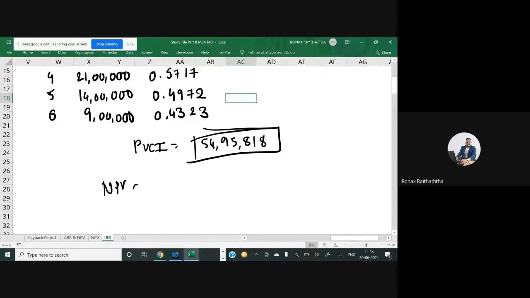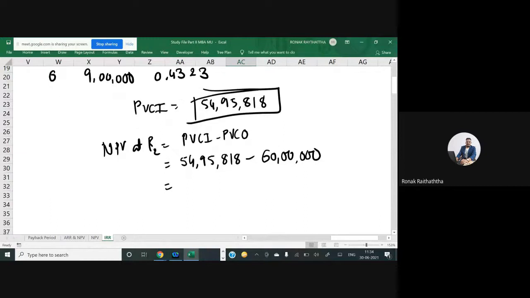NPV at R2 will be PVCI minus PVCO, right? So equal to 5495,818 minus PVCO, which is 60 lakhs.